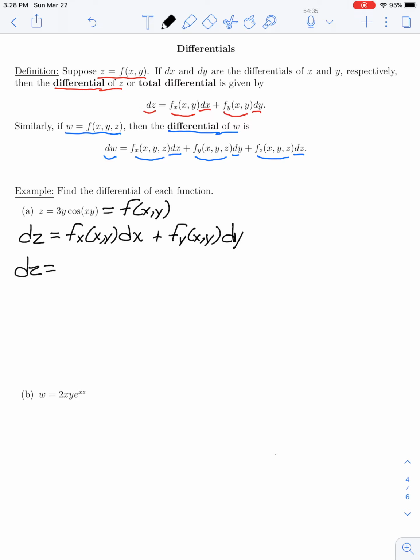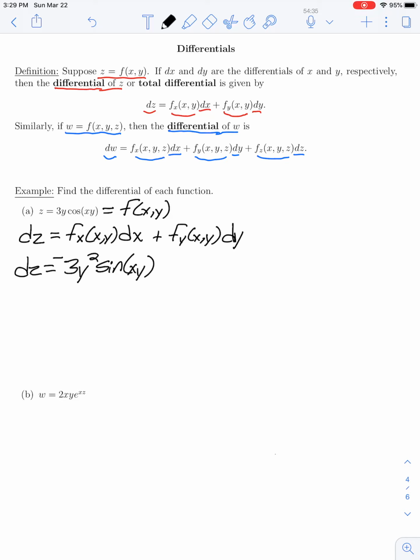So here we have dz is equal to our partial derivative with respect to x. Here we have a constant 3y out in front, and using the chain rule to differentiate cosine of x times y, we have a negative sine of x times y times the derivative of the inner function with respect to x, which would be y.